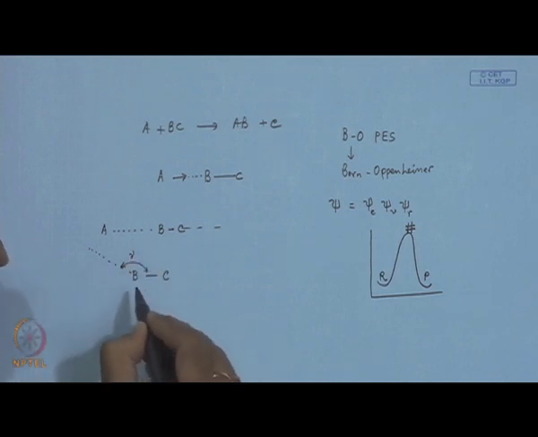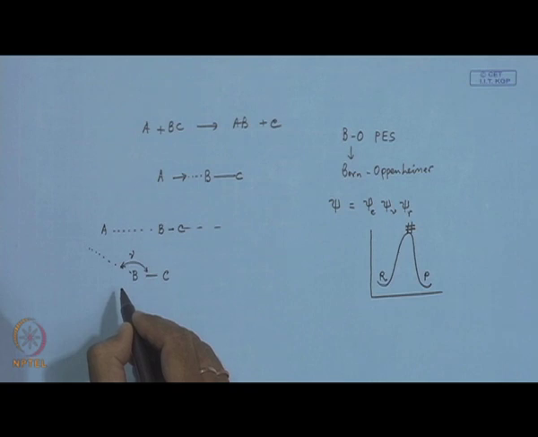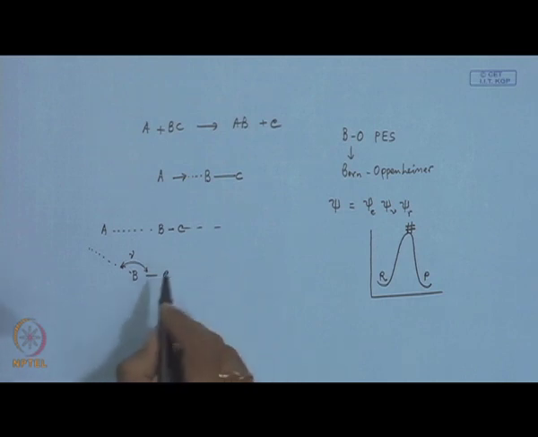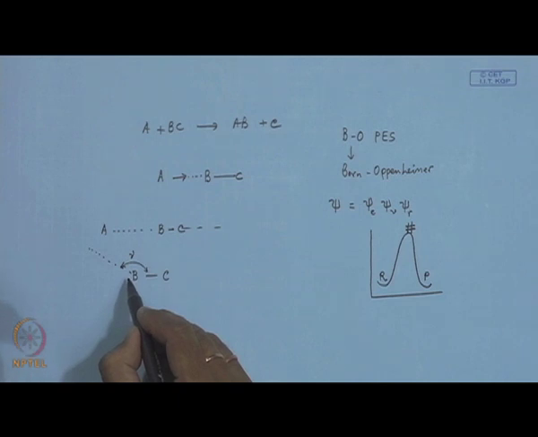So, in that respect, your reaction may be less facile, or maybe in some cases, if that is the optimal angle, then the reaction may proceed to a better extent. So, the point is that this barrier height may be dependent on this angle of approach.